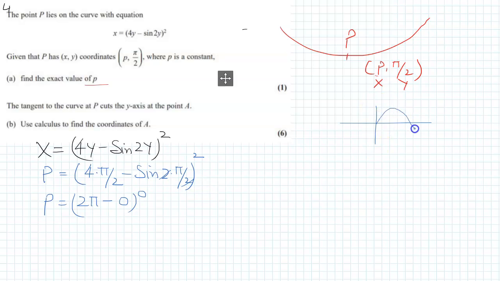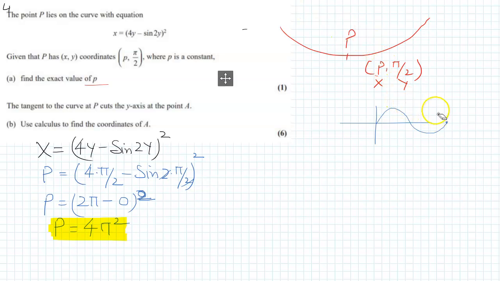Sin 0, sin 90, sin 180 is 0. So p is equal to 4π². Find the exact value of p, so we are not going to calculate it further. So p is equal to 4π². That is the first part of it.